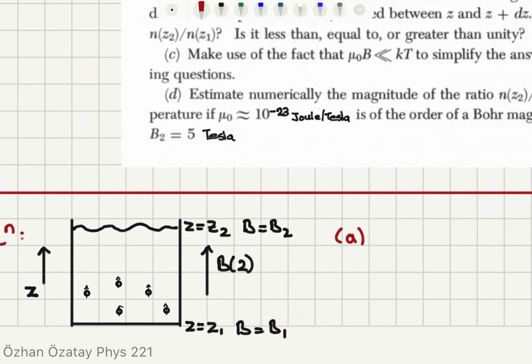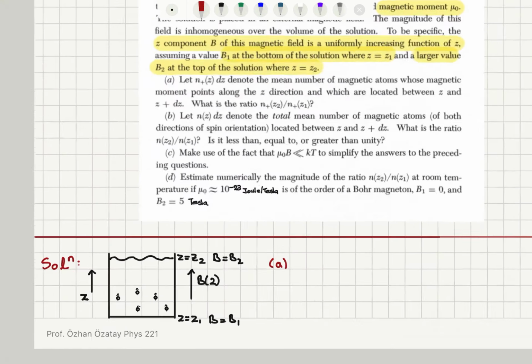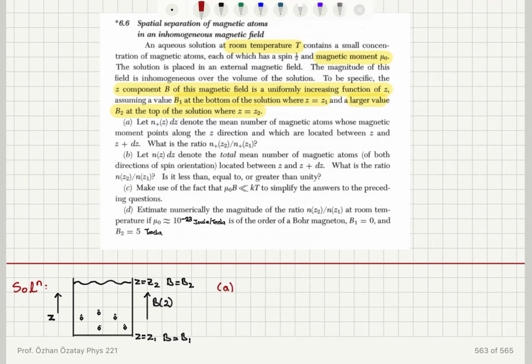We're wondering what is the ratio of n plus z2 to n plus z1, the mean number of magnetic atoms whose moments point along the field direction. So for plus we need to have magnetic moment of μ0, and the corresponding energy for each moment is minus μ0 b.